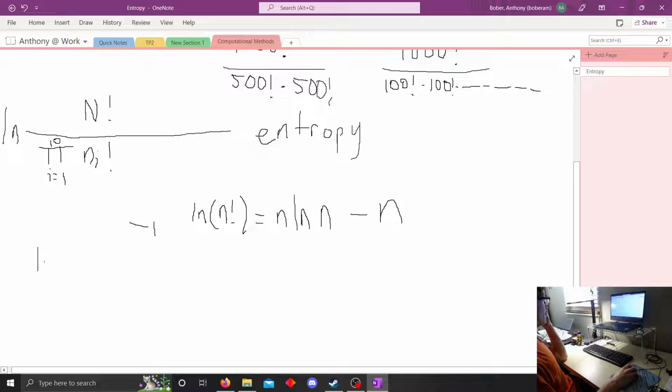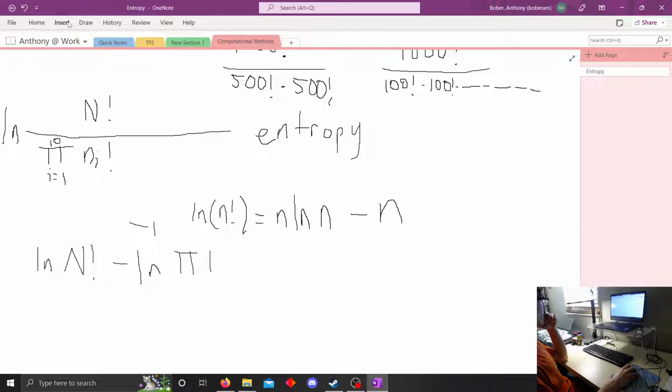When we do this, we have the natural log of N factorial minus the natural log of this pi term, so the pi times the natural log of ni factorial. And what I can do is just plug in this approximation.